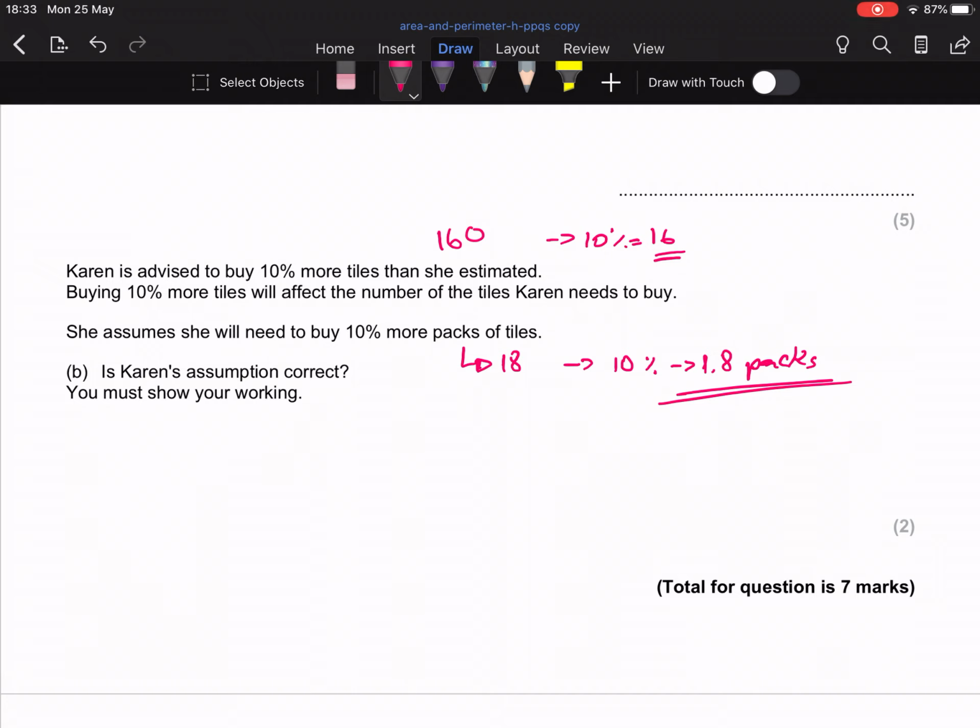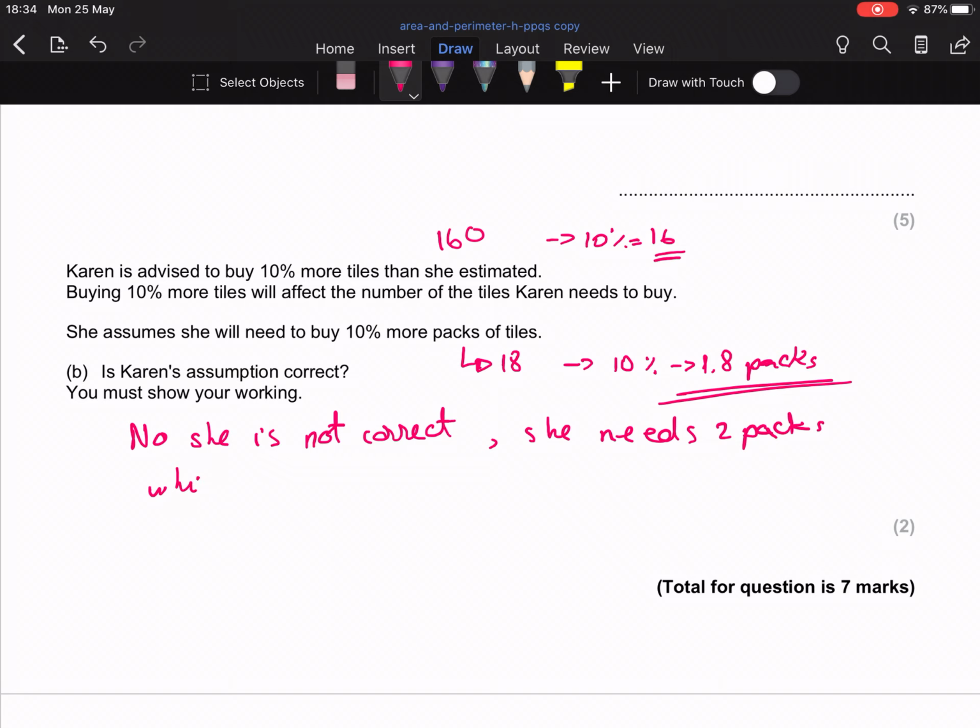So her assumption, no, she's not correct. She needs 2 packs, which is more than 10% more packs.